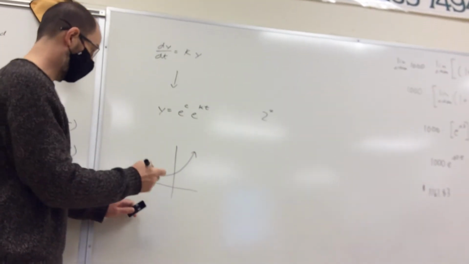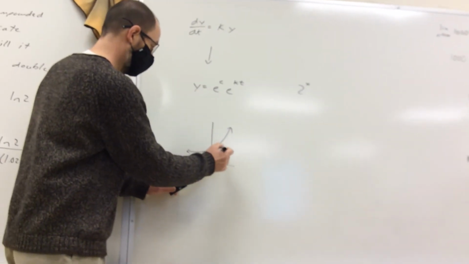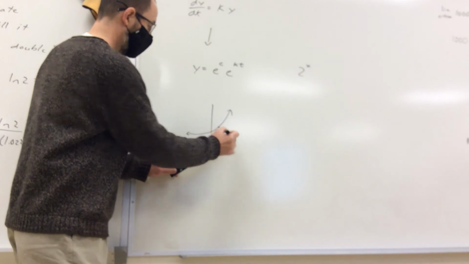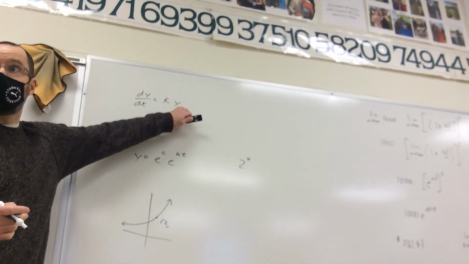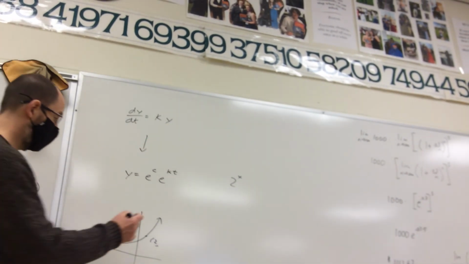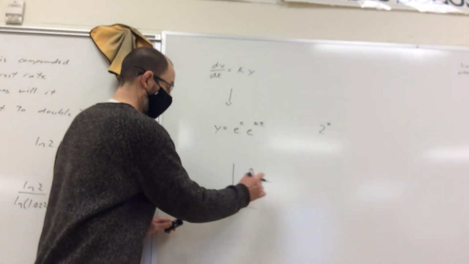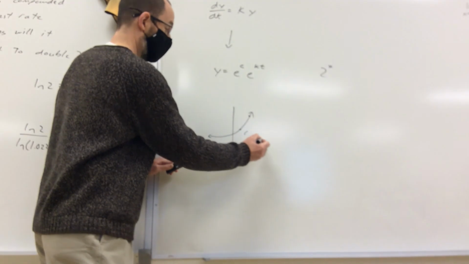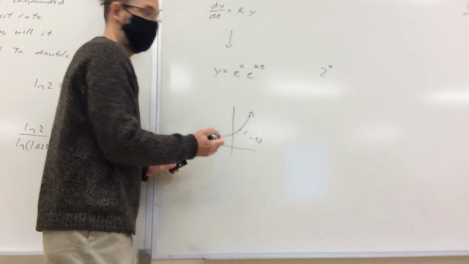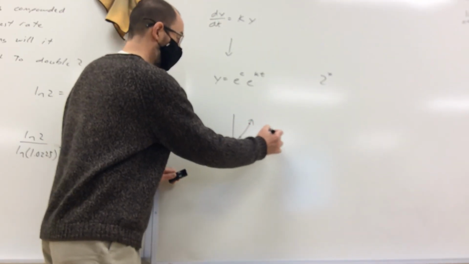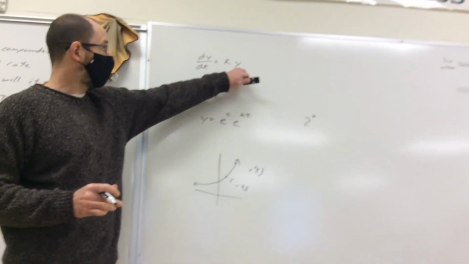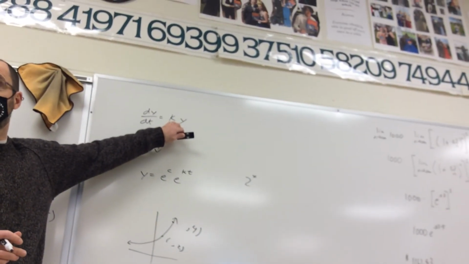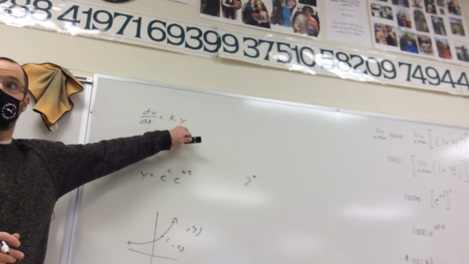And what's going on here is, if the y value is 2, then the rate is something times 2. But if the y value is 4, then it's still 4 times that same number, so the rate is bigger.